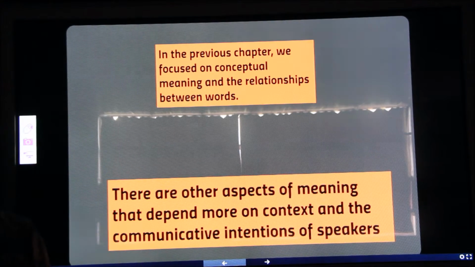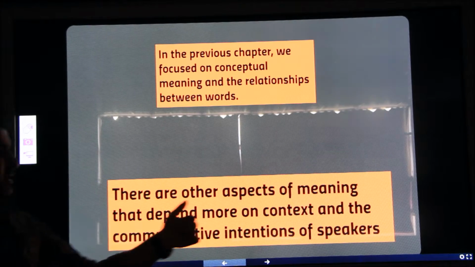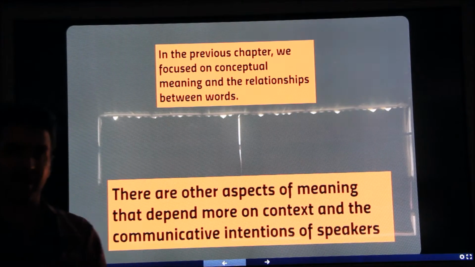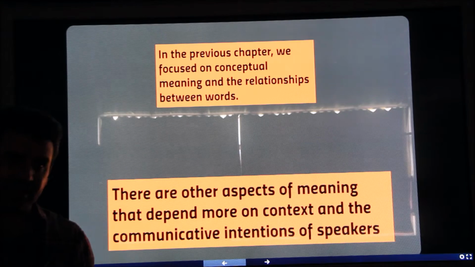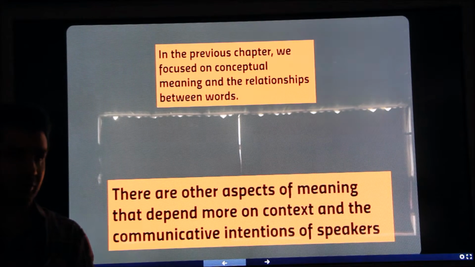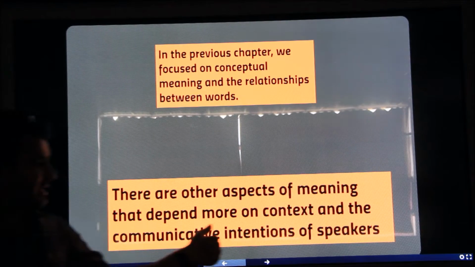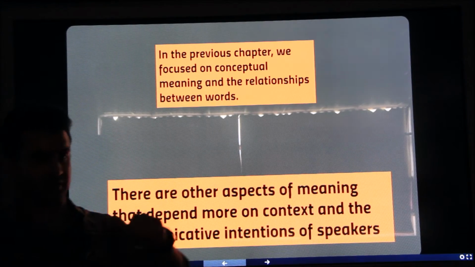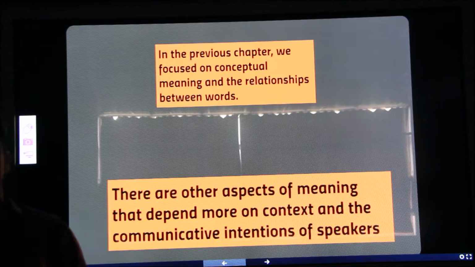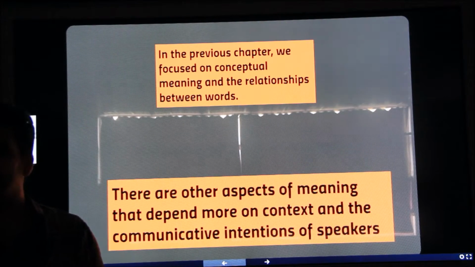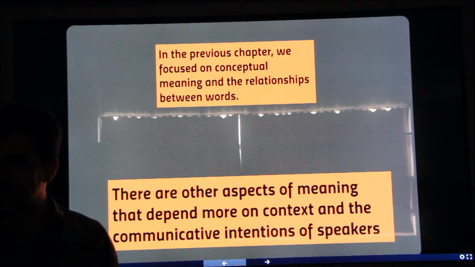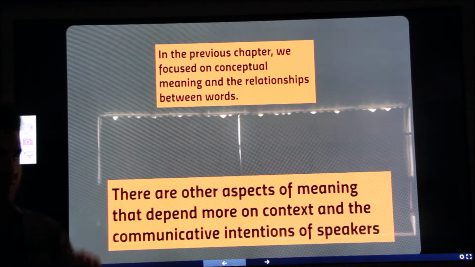So here in this explanation, there are two key words. The first one is context, that means the setting, the setting in which you utter a word, you say something. And the other one is the intentions of speakers: what speakers intend, what speakers aim by their utterances.